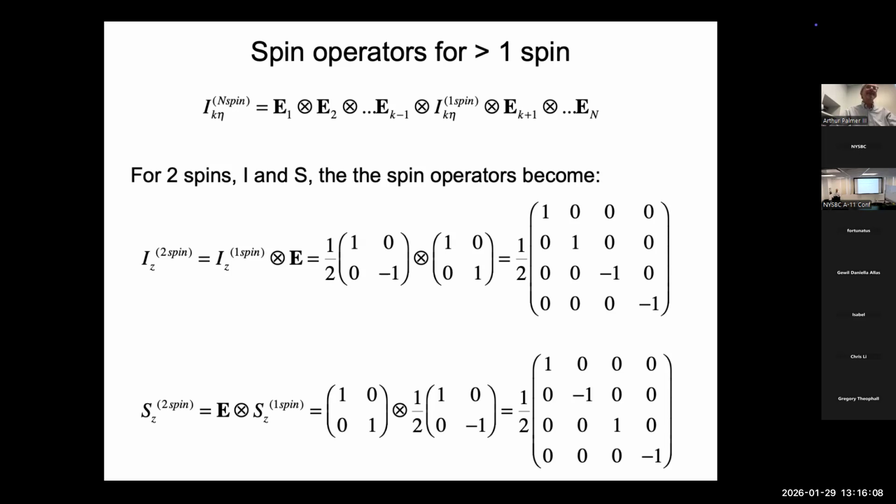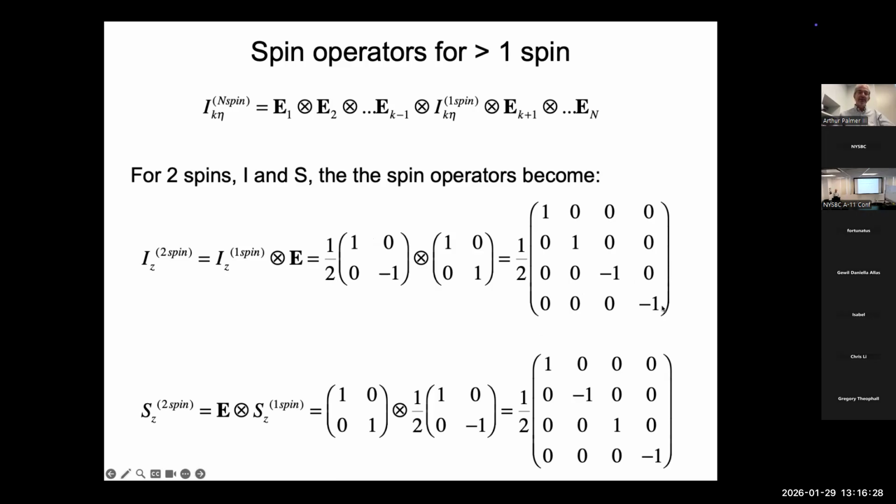And then IZ magnetization is proportional to the difference in those populations. So when I just had the one spin, this is representing population of alpha, this is representing population of beta, and that difference is then IZ magnetization.